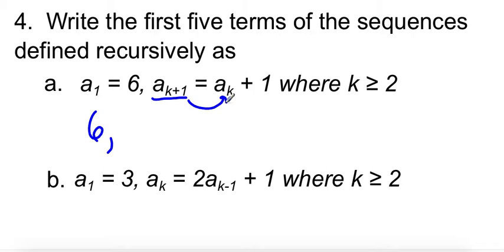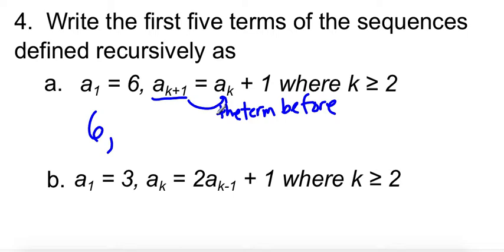Well, we need to think, where is AK in comparison to AK plus 1? This is the term before. So what this rule is saying is to find a term, AK plus 1, you take the term before it and you add 1.